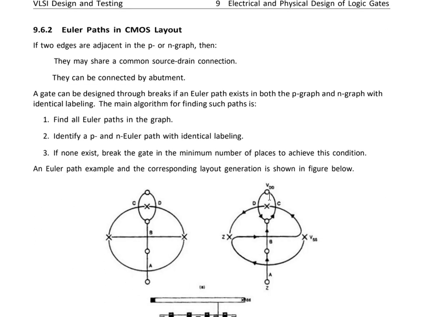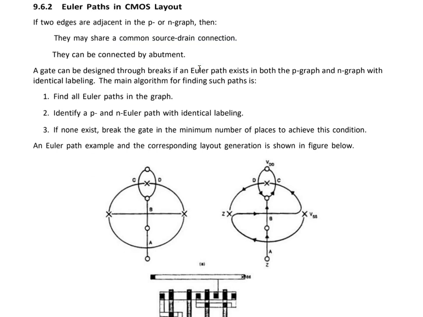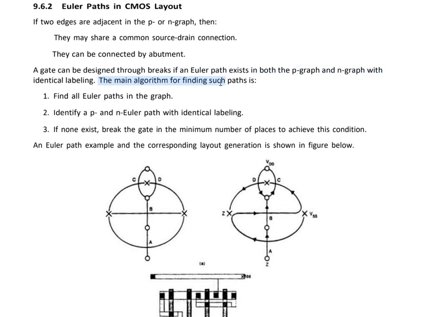And another important representation is Euler's path, in which if two edges are adjacent in the P or N graph, then they may share a common source to drain terminal. The main algorithm for finding such a path is to find all the Euler paths in the graph, that is the possible paths that are present in the circuit, and then identify a P and N Euler path with identical labeling.